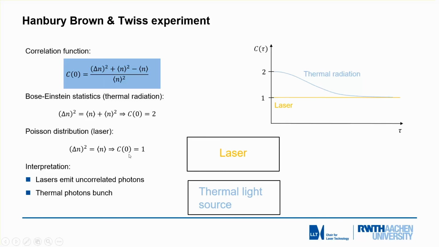It is independent of the time difference if we look at laser radiation. So the correlation of the laser photons at this point of no time difference of the beam paths is minimum.